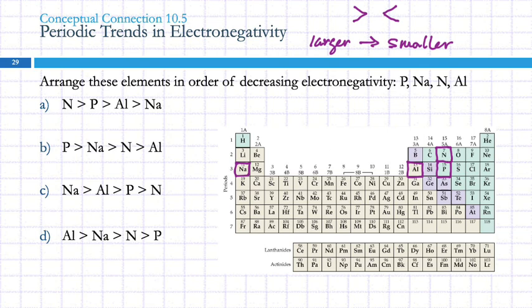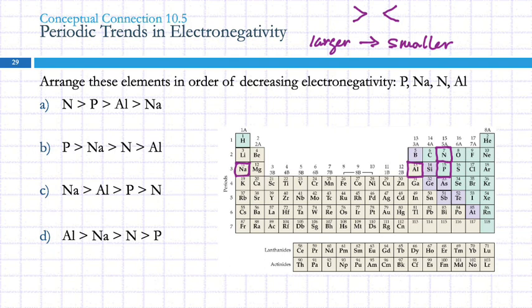So we don't need to use electronegativity values. We don't even need to really think about atomic size or anything like that. Just think about, well, who's closest to fluorine? Which of these elements is closest to fluorine on the periodic table? Nitrogen.